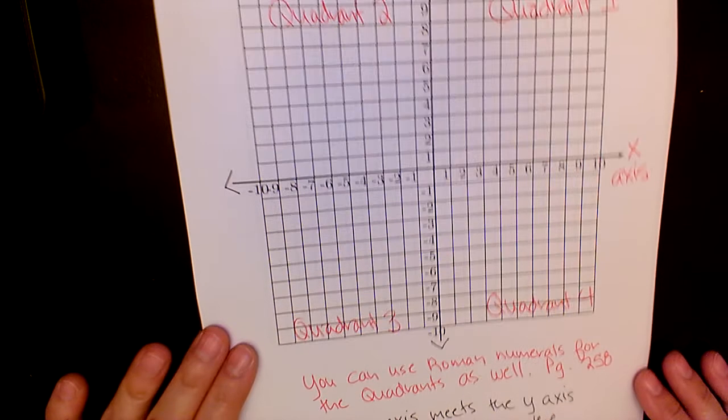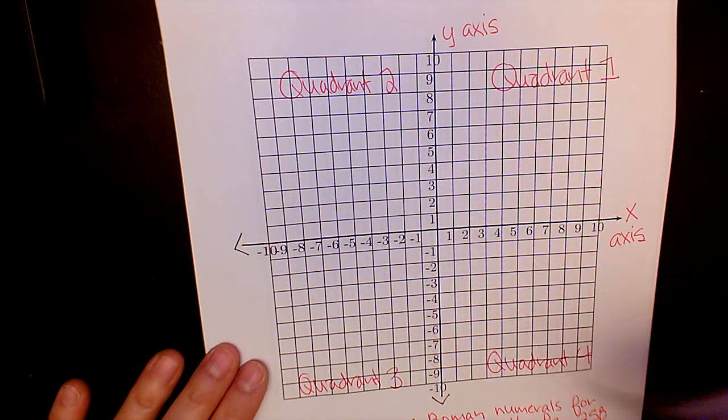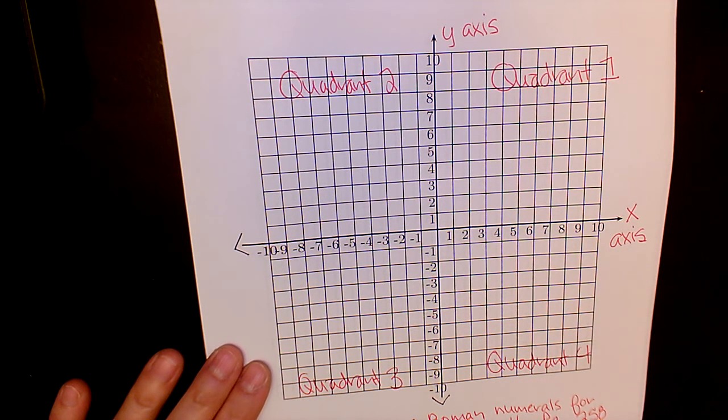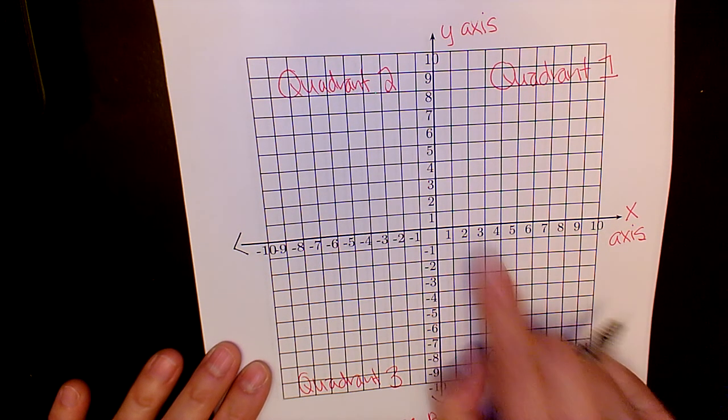So I'm going to start at home base. Since it's the point (3, 2), I'm going to go over 3 spots.